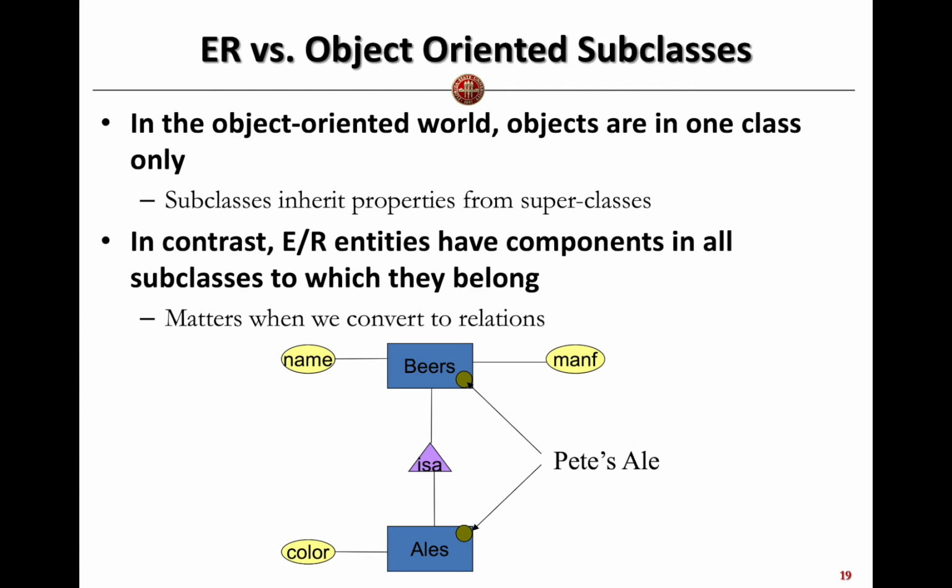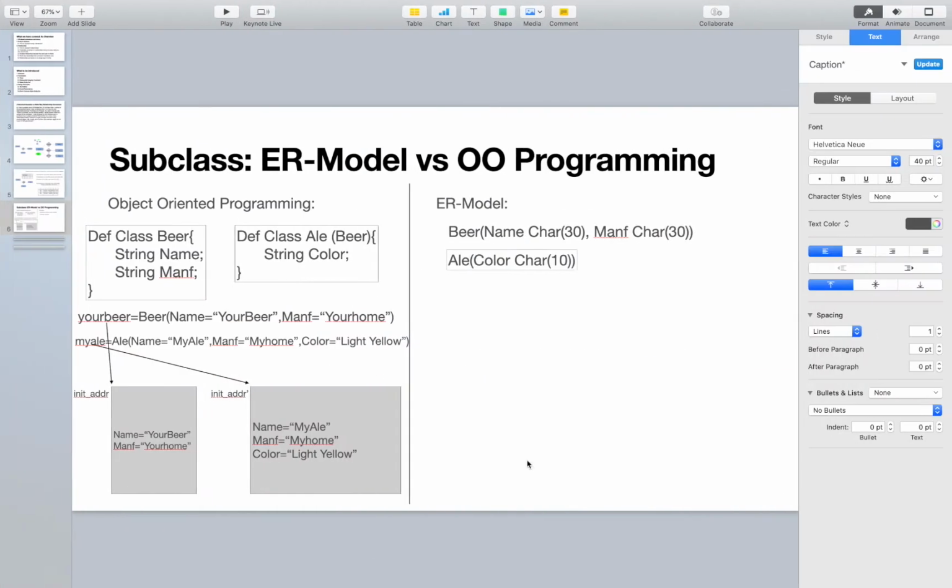However, this ale is a subclass of beer. And in our translation for subclass, the rule is very special. Besides the attributes from ale, we also need to take the key of beer into this relation as well. So here we assume that for the beer relation, we can take this name as the key of the relation.